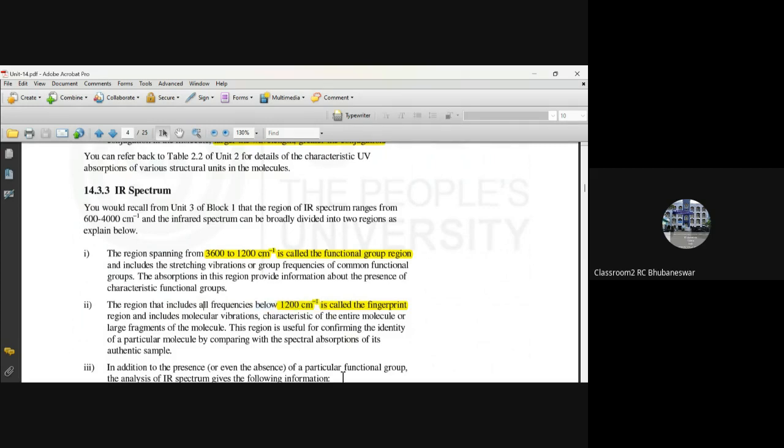Even if two molecular species have identical structural features, they will show different signals in the fingerprint region. Like the way I was explaining, two twins are there. If they are structurally similar, their fingerprints will not match. From there, you can get information about the molecular species.